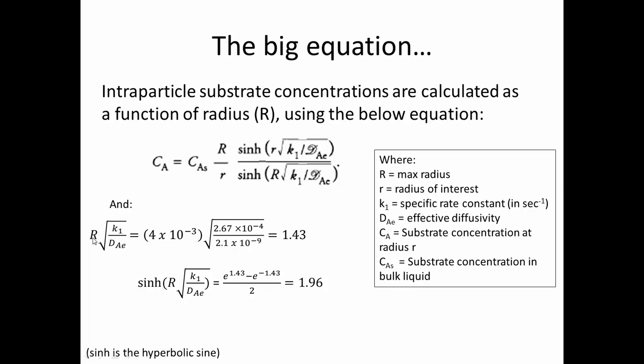If we're looking at the bottom term, the value for that is 1.43. And then we can take our sinh, or hyperbolic sine, of this value, and get 1.96. So we can also do that for the top term here, and then the rest of it is fairly simple.